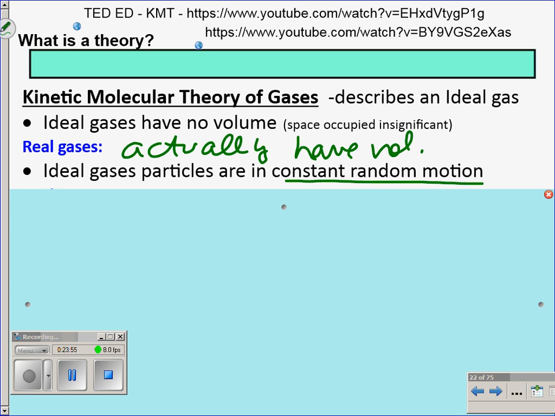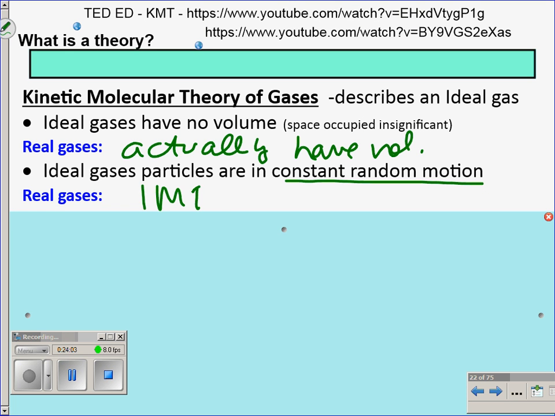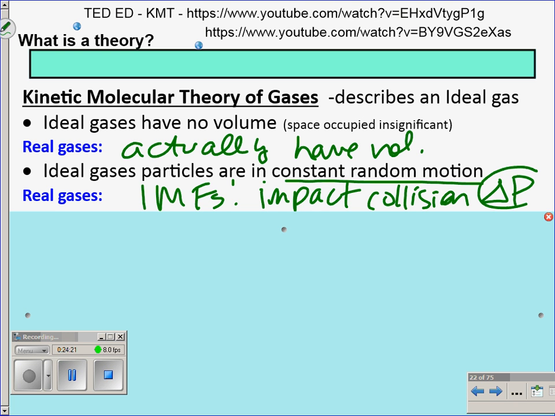We can't just ignore that. So we assume they're constant random motion. They're not attracted to each other. They're not hanging out together. But actually, IMFs could very well start to attract and move non-randomly, which might impact our collisions. What happens if we change collisions? Yeah, we start to change the pressure, and that may not be predictable.